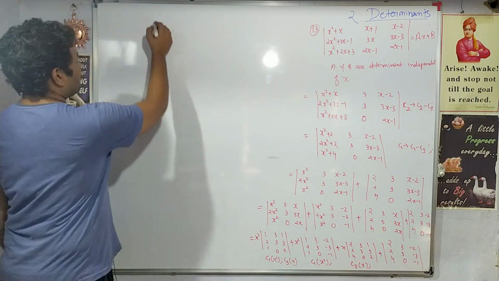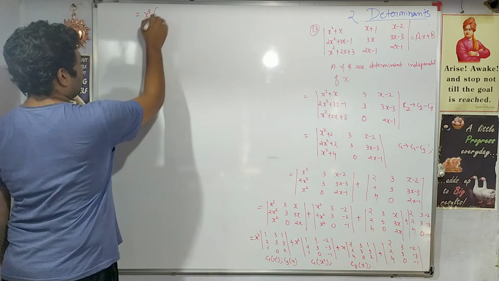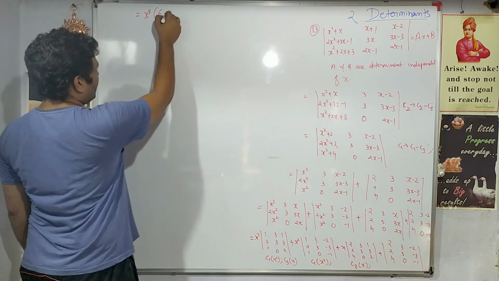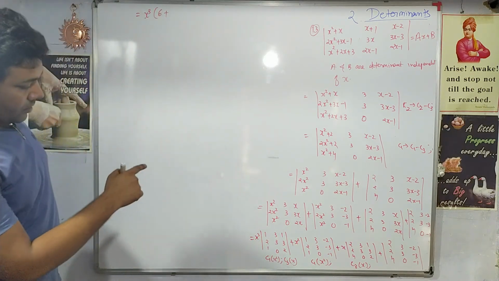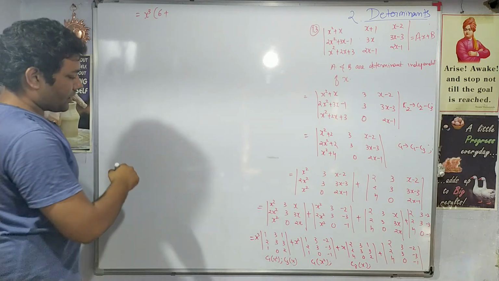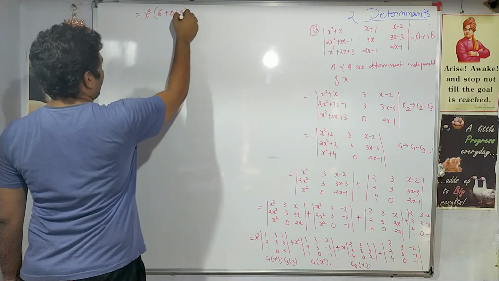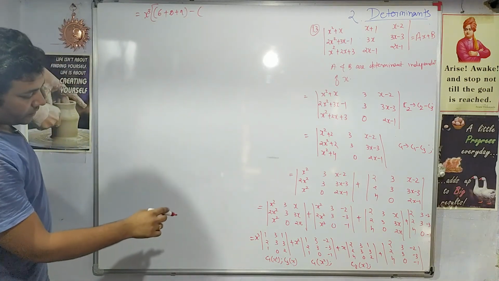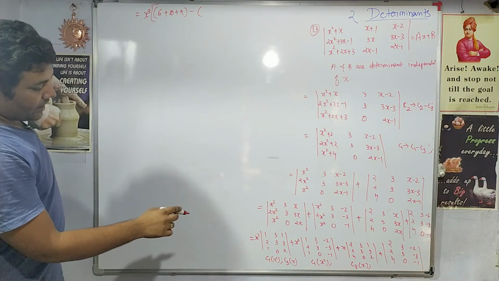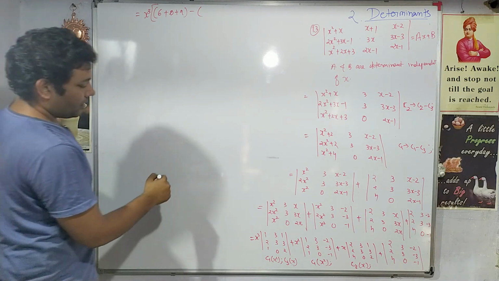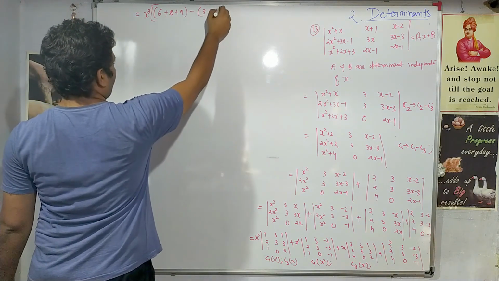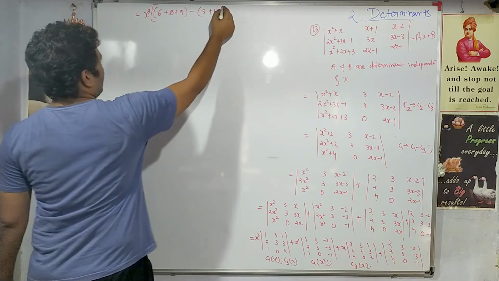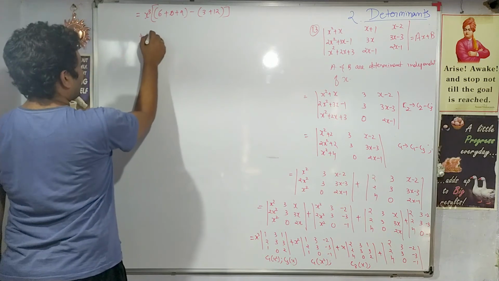So now if I do the expansion, x cube into, using Sarrus rule, 3 2s are 6, plus 3 2s are 6, then 0 and plus 9, 0 plus 9, then minus I have right diagonal 3, then 3 2s are 6, 6 2s are 12, so 3 plus 12. Then next I have plus x square.